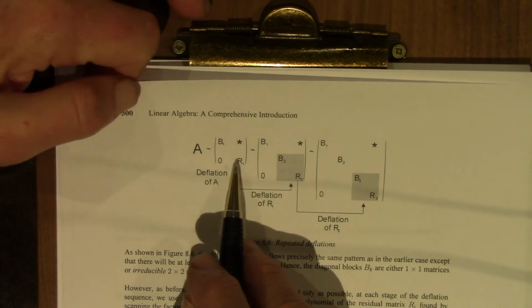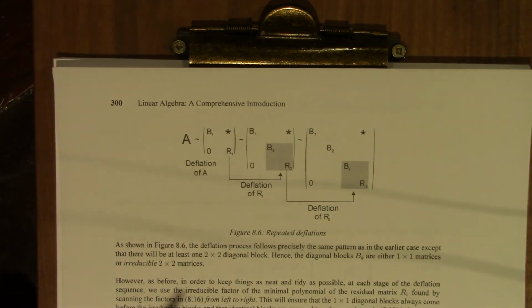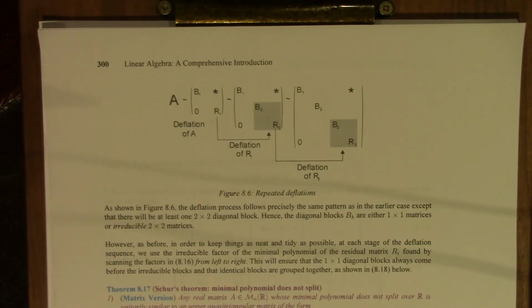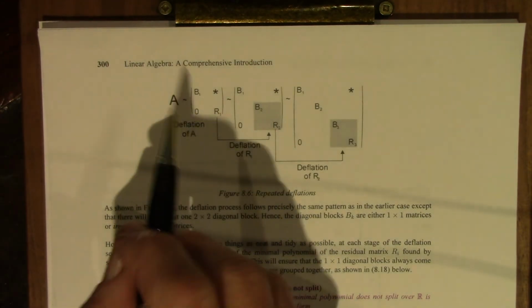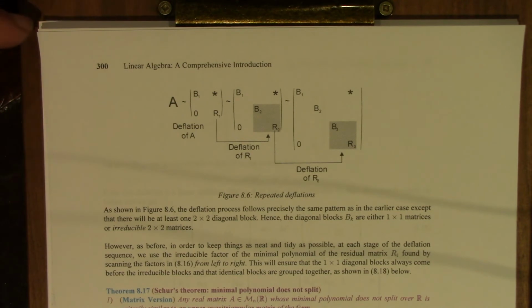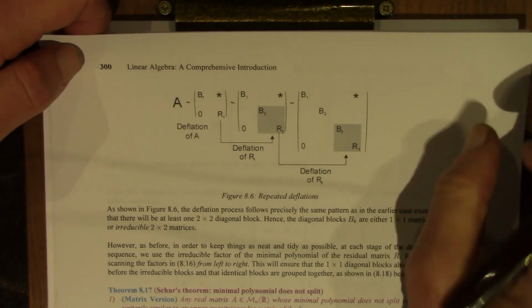And just as before, we do the linear deflations first, if there are any. There may or may not be any linear factors for the minimal polynomial, but there is at least one irreducible quadratic factor because we're assuming the minimal polynomial doesn't split. Well, we do the linear deflations first in the same order we used before, and then we do the quadratic deflations, and this is what we will get.